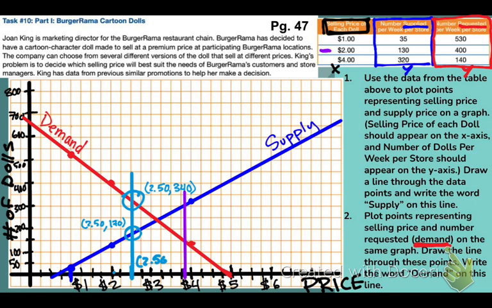So at $3.80 for a doll, how much is our supply? It looks like it's, yeah, like 300, maybe just a little bit above. So when the price is 380, we're going to approximate that we have about 310 dolls supplied.